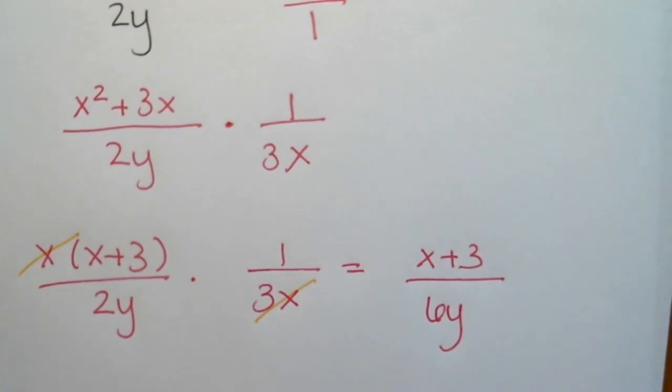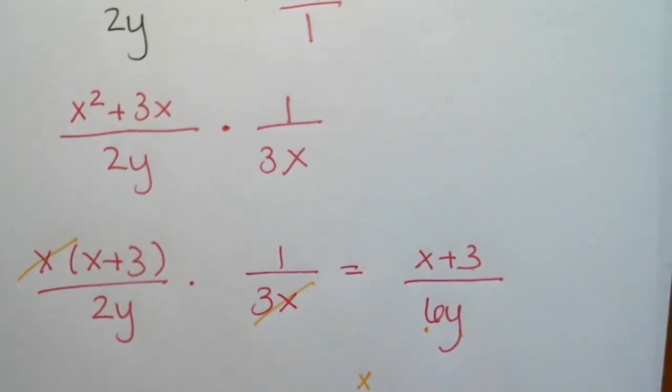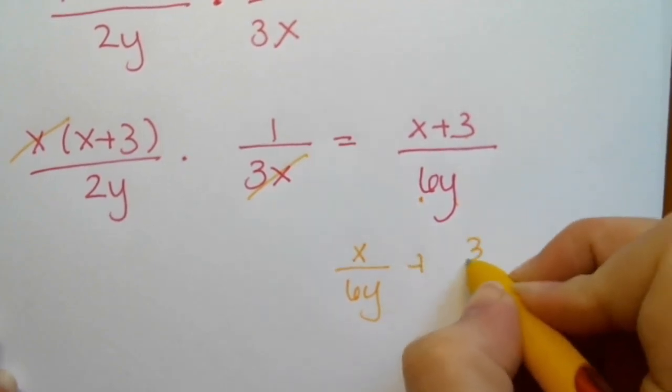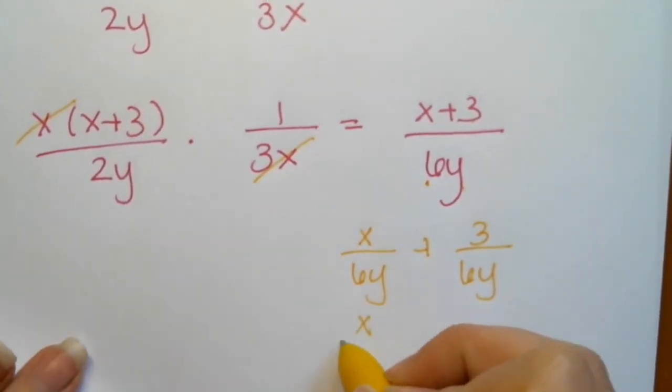Okay, I want to point out at this point in the example that you can't cancel this 3 with the 6 unless you're splitting this up like we saw in the section about polynomial long division. So if you were to split this up, you could certainly write this as x over 6y, plus 3 over 6y, and then you can cancel them.